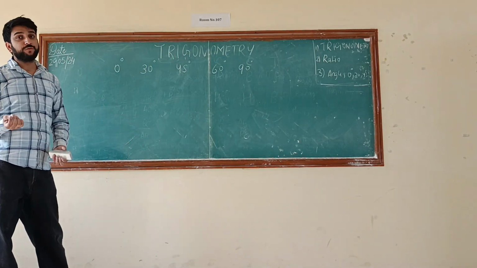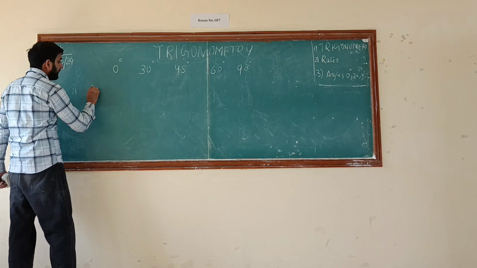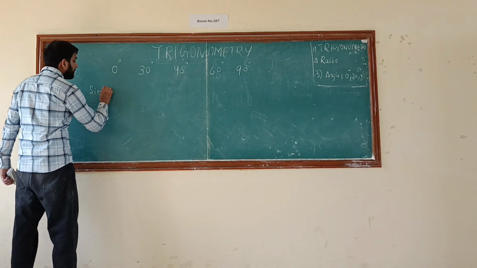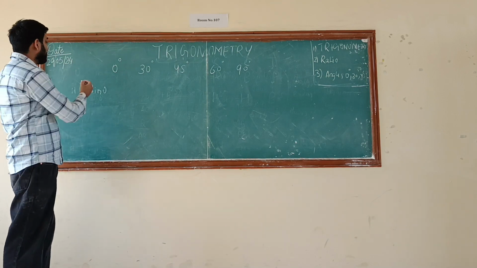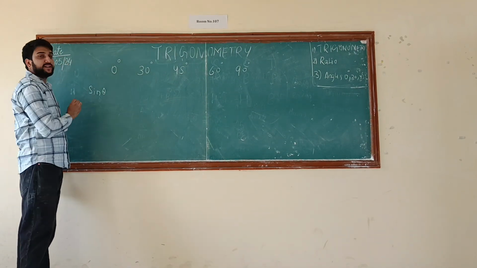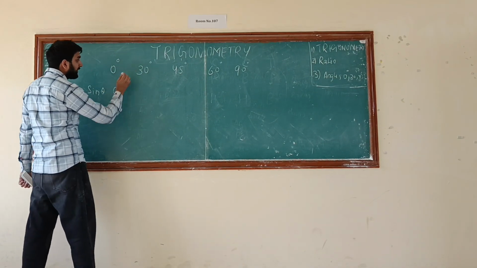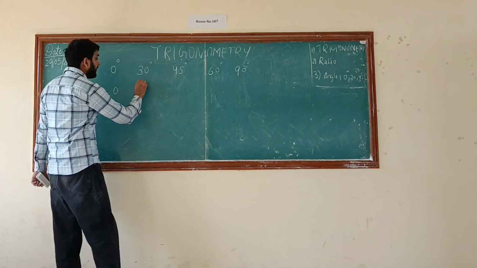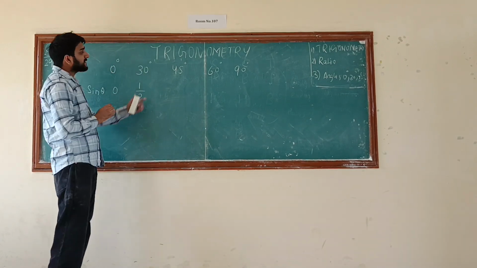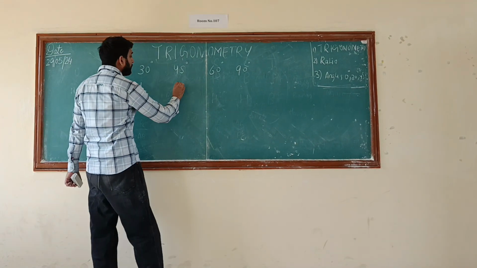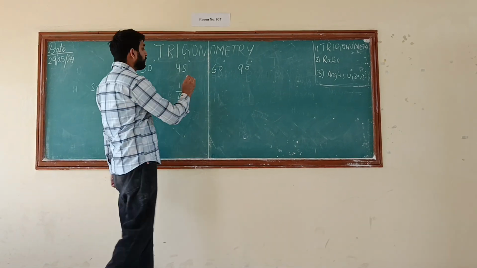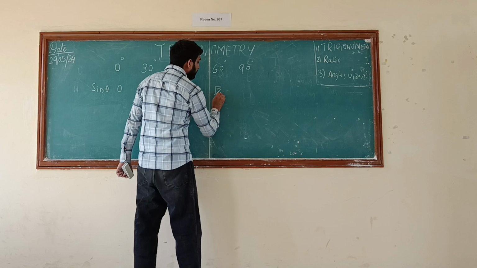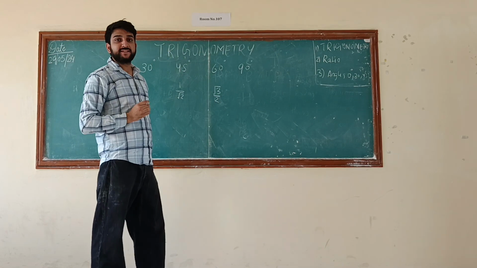So if you want to find the value of sin theta at 0 degree, 30 degree, 45 degree, 60 degree and 90 degree: first, sin 0 degree is 0. Sin 30 is 1 by 2. Sin 45 is 1 upon root 2. Sin 60 is equal to root 3 upon 2. And sin 90 is equal to 1.